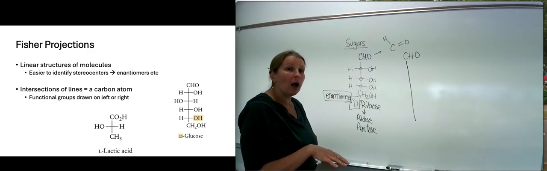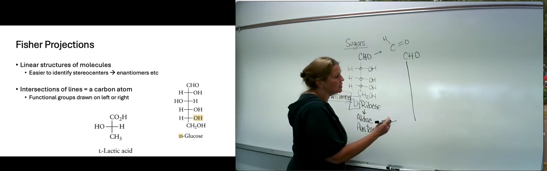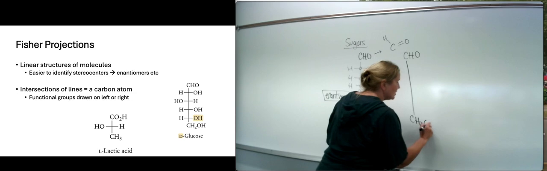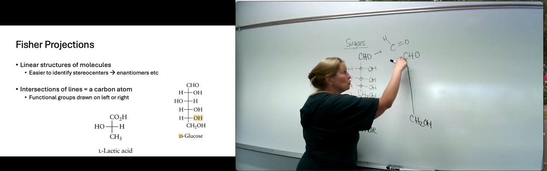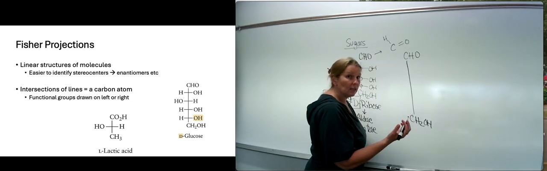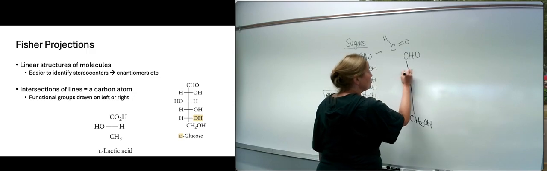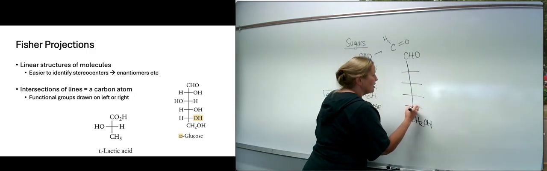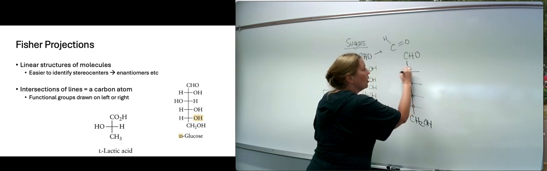So if we need to draw D-glucose, and we know glucose is a hexose, in the bottom here we draw CH2OH. We already know we have 2 carbons. So if glucose has 6 carbons, we already have 2, we're going to draw just 4 intersecting lines because each intersection here is a carbon.